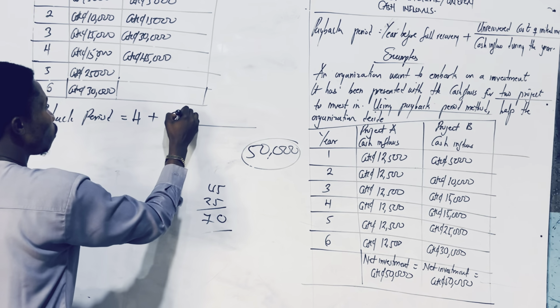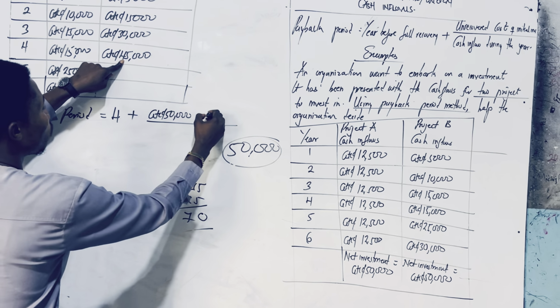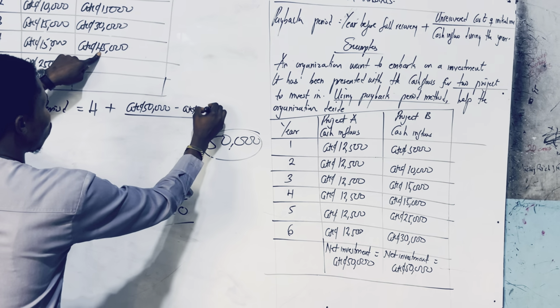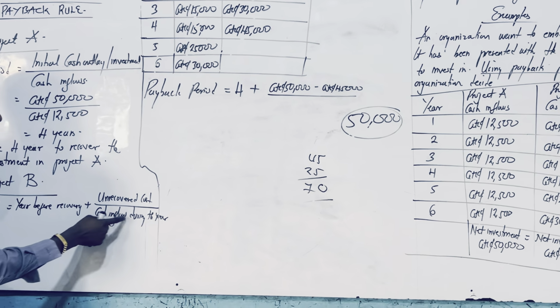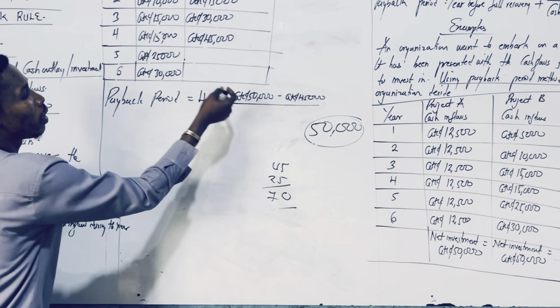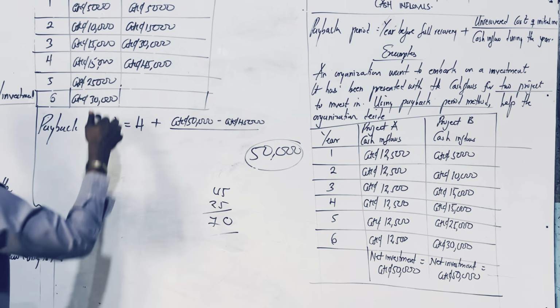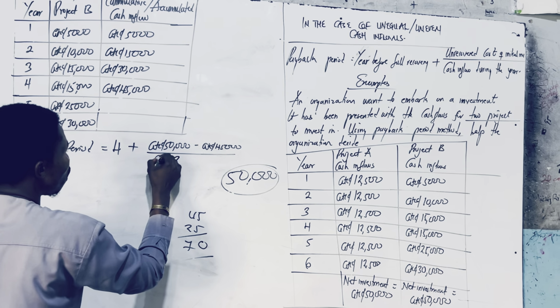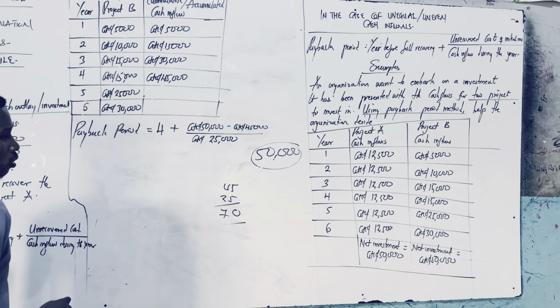We invested 50,000 and we've been able to recover 45,000, divided by the cash inflow during that year. That remaining 5,000 over the 25,000 Ghana cedis. That is it.